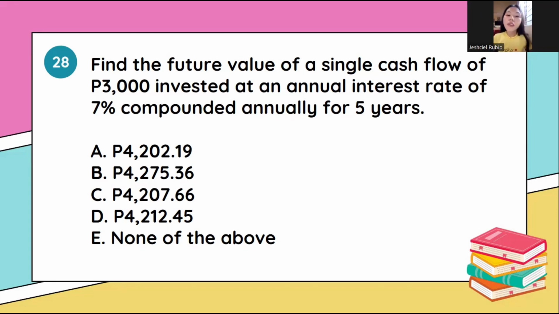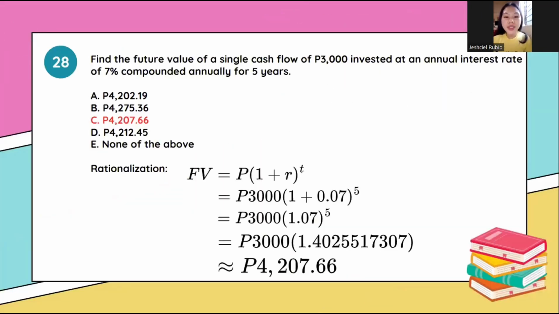Letter D, 4,212.45 centavos. Or letter E, none of the above. So, what is the correct answer? So letter C, we have 4,207.65 centavos. So how do we find the future value?